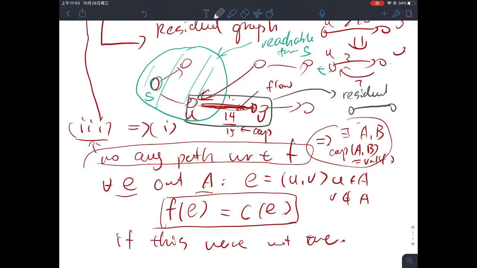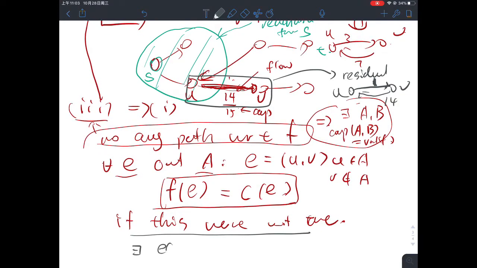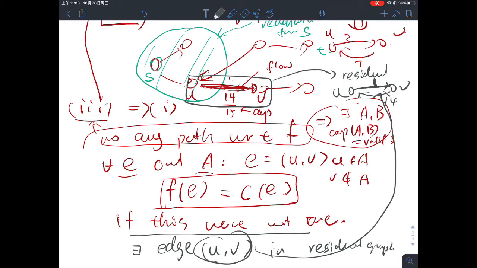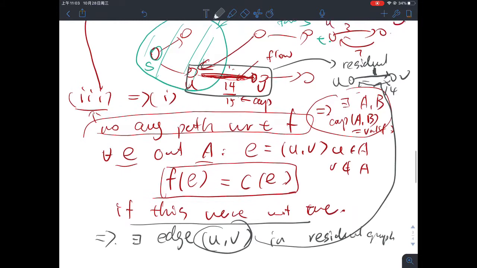From U to V, I can still have 1 unit of flow. From V to U, I can have 14 units of flow. So if this is not true, then there exists an edge connecting from U to V in the residual graph. This intuitively says that we can continue to push more flow. So this is what's implied here.